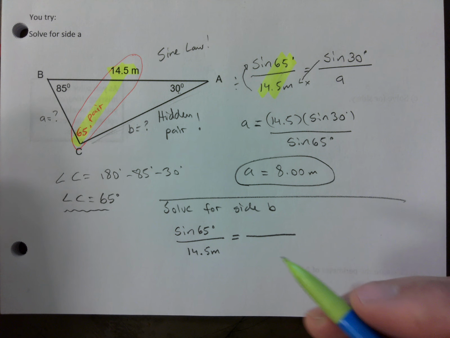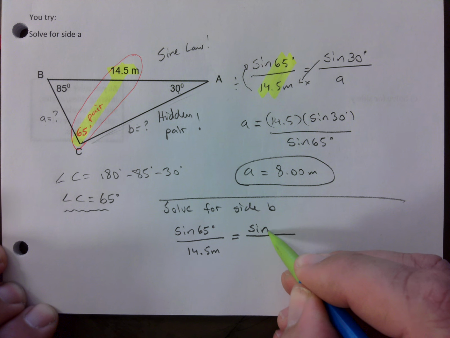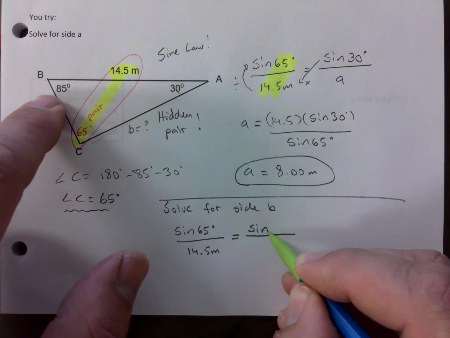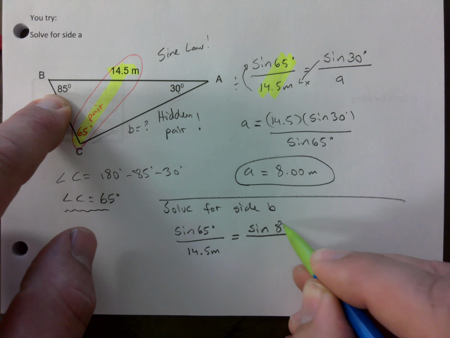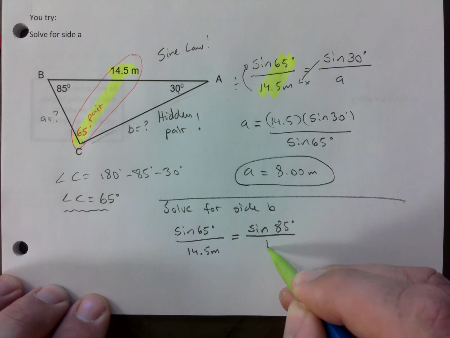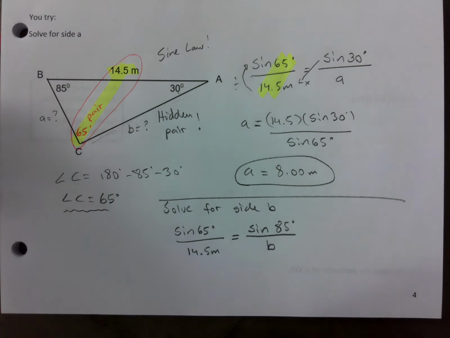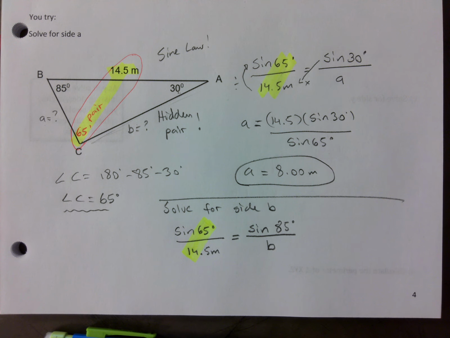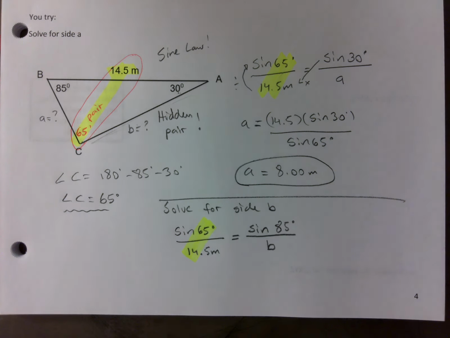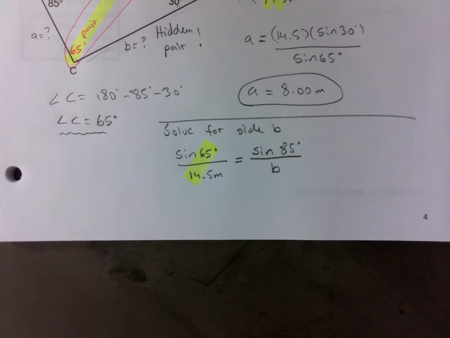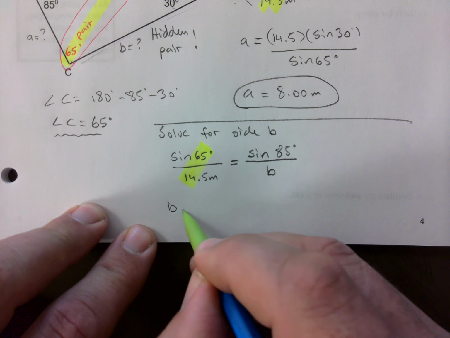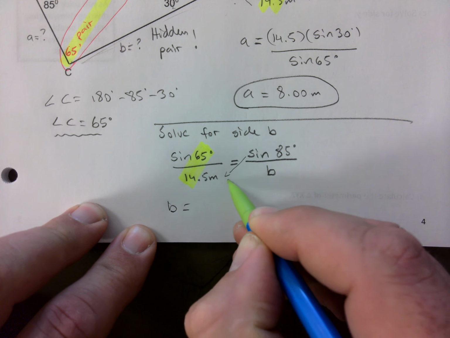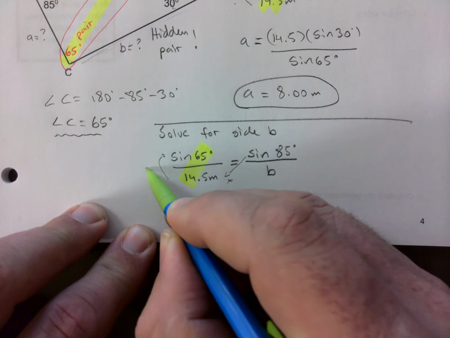But which angle would I use now? Yes, I would use the angle B, which is 85 degrees. And then I can solve for B. And I will highlight this again. It's the same pair. It's the original pair, basically. So side B is going to be found by multiplying this and dividing.